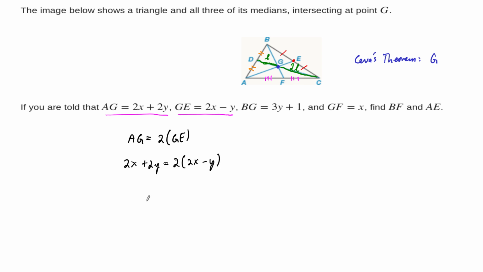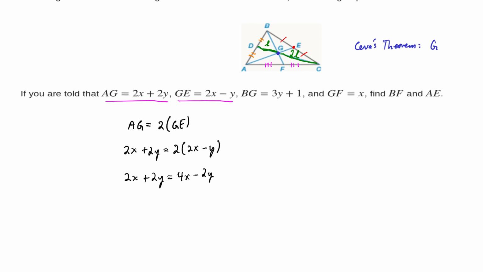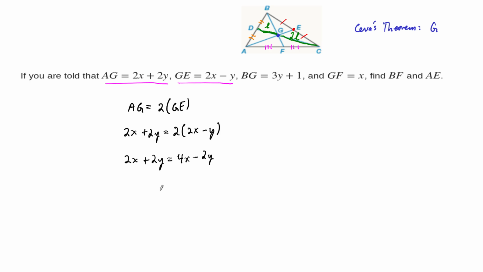And we can rearrange everything here and say that 2x plus 2y is equal to 4x minus 2y. If we rearrange a little bit more, this can be brought over, this can be brought over, we'll get that 4y must be equal to 2x, just by doing a little algebra.